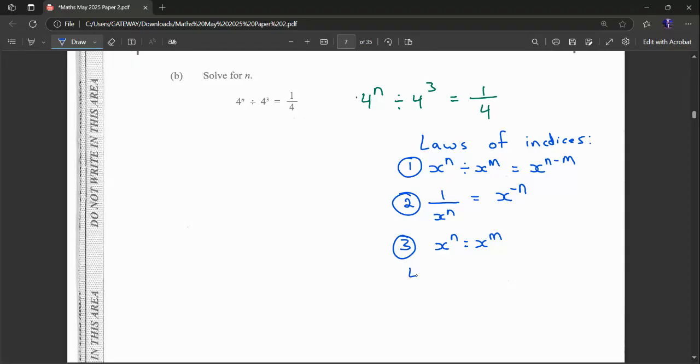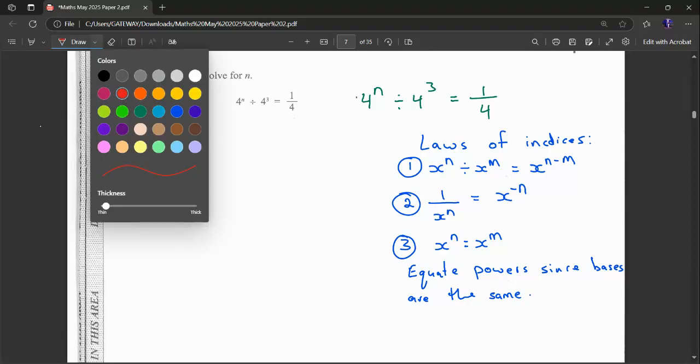So equate powers since bases are the same, right?